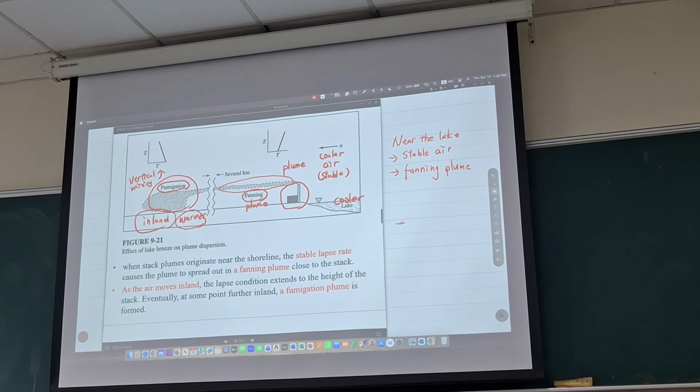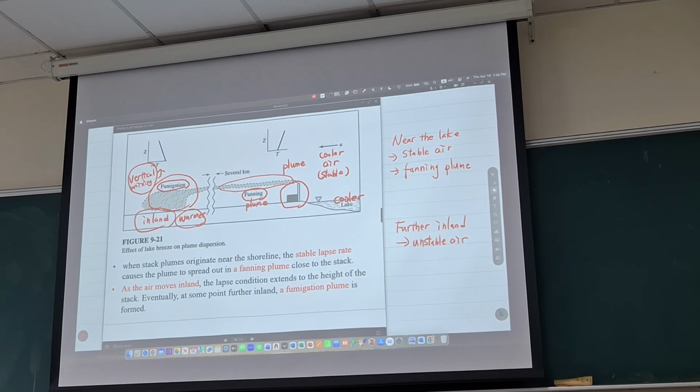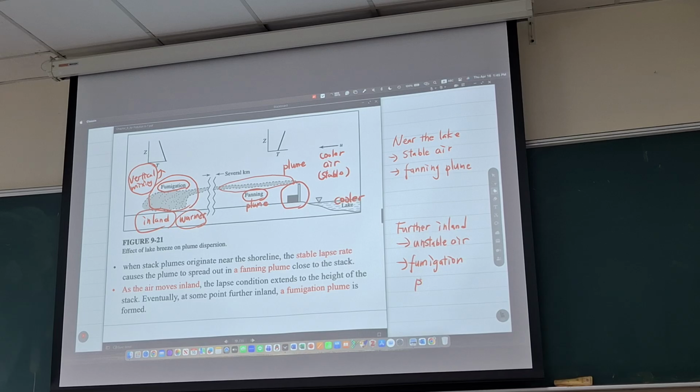However, far from the lake, moving inland, the air becomes unstable and the vertical mixing increases. You're going to generate something called fumigation plumes. All right? Please write down.